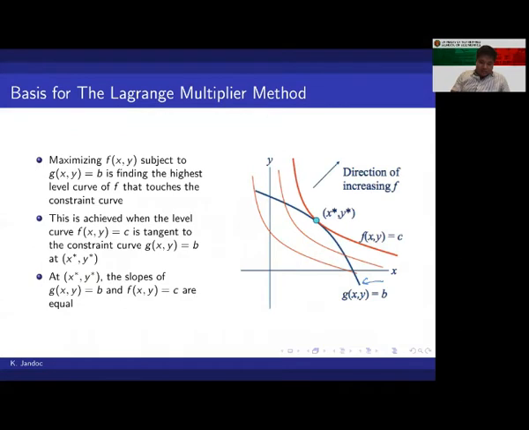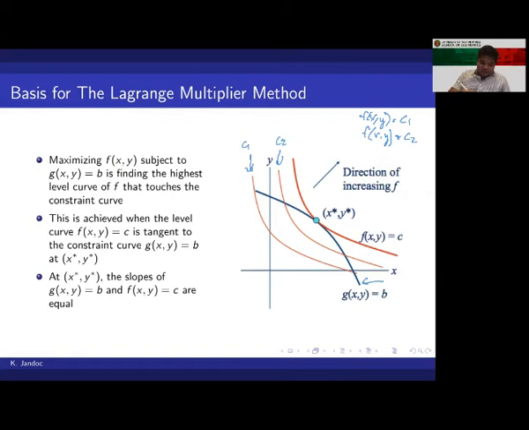Now you move from this level curve, which gives you C1, to this level curve, which gives you C2. What I mean by C1 is f of x y equals C1, and then f of x y equals C2. You notice that C2 is bigger than C1 in this case. So the maximization problem is basically pushing out that level curve until it satisfies the constraint.